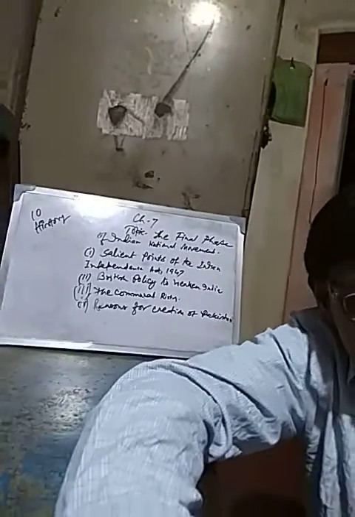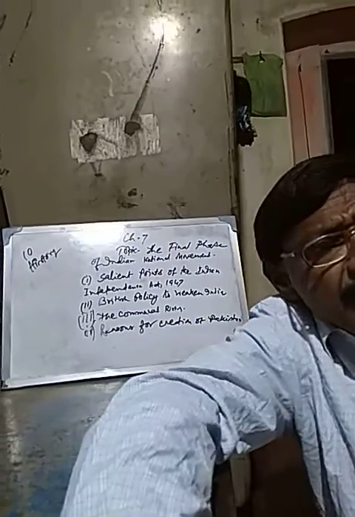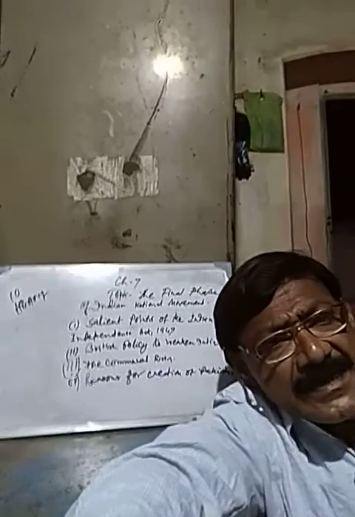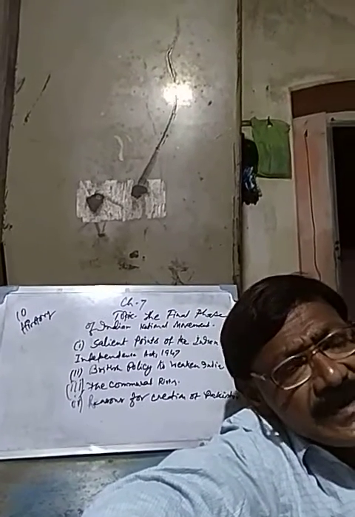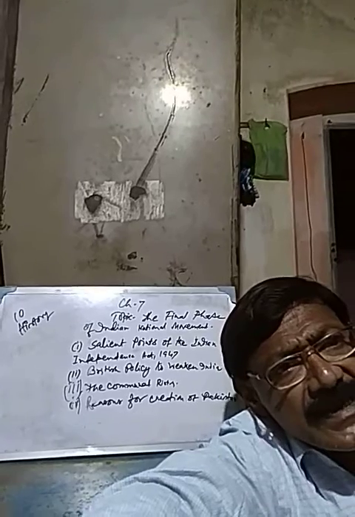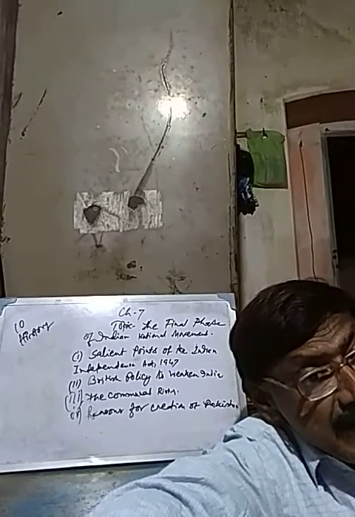In order to cede power to the Indians, the British Parliament passed one act. This act is known as the Indian Independence Act of 1947. Now, what are the salient features of this act?